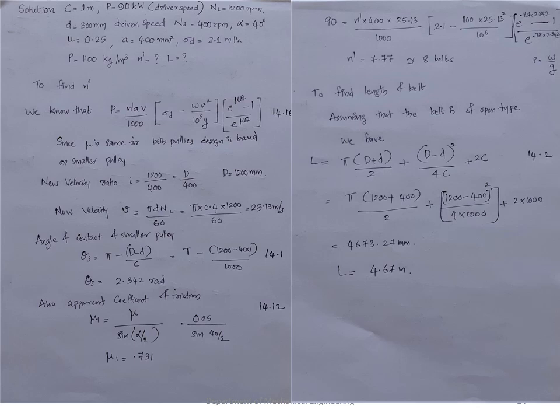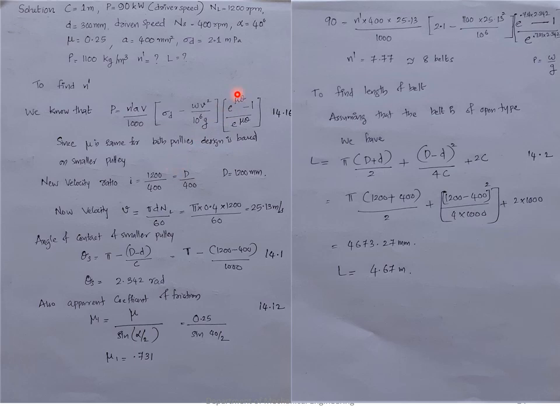For finding n dash, we have a connecting equation between power and n dash. But in that equation, we have to find the value of V and theta. How to find the value of V? Here we have the equation for V and theta, and the equation for P and n dash. For substituting in this equation, we don't have the value of V and theta.